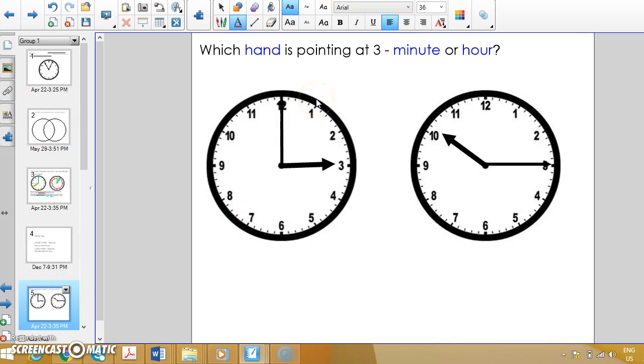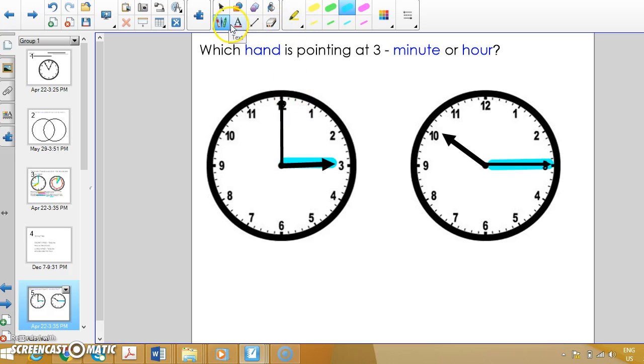Okay, so here's a question. Which hand is pointing at 3? Is it the minute hand or the hour hand? Well, I see this one is pointing to 3 and this one is pointing to 3. Okay, so let's see. In this one, it is not quite touching. It's much shorter.